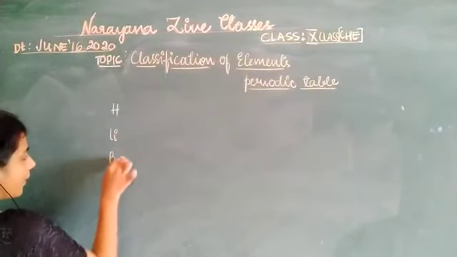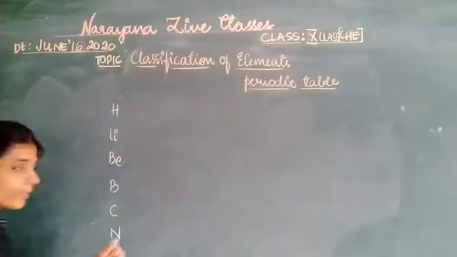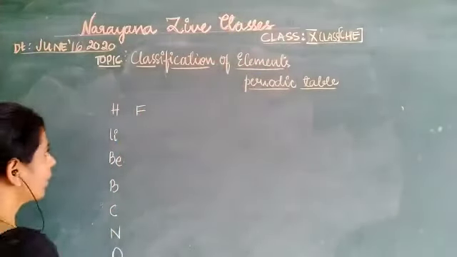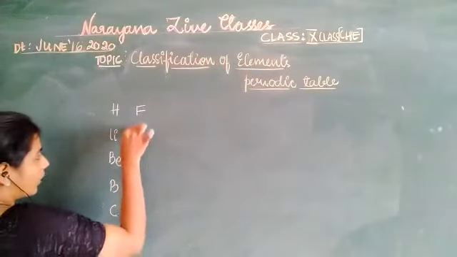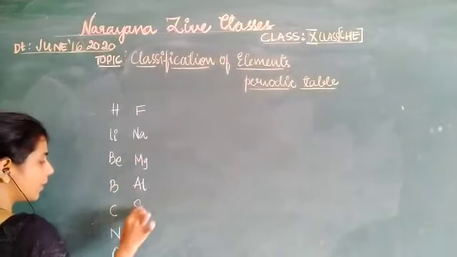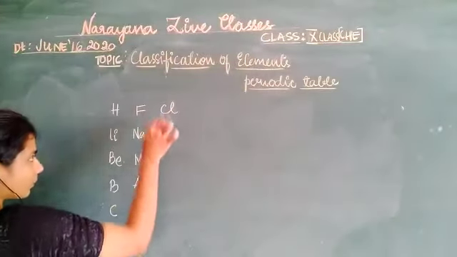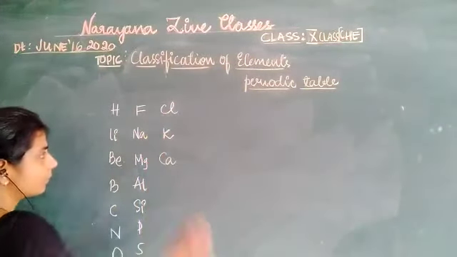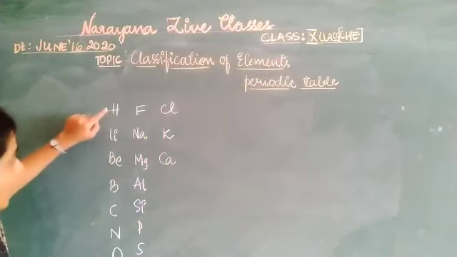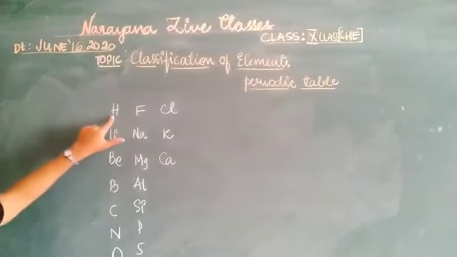Lithium, beryllium, boron, carbon, nitrogen, oxygen, fluorine; sodium, magnesium, aluminium, silicon, phosphorus, sulfur, chlorine; potassium, calcium. He observed that every 8th element, starting from the first, say 1, 2, 3, 4, 5, 6, 7, the 8th element has similar physical and chemical properties.